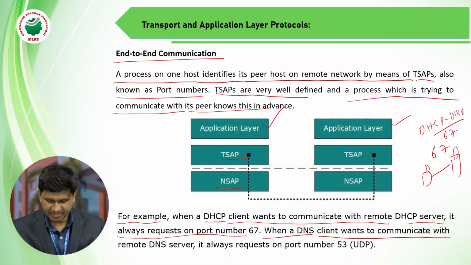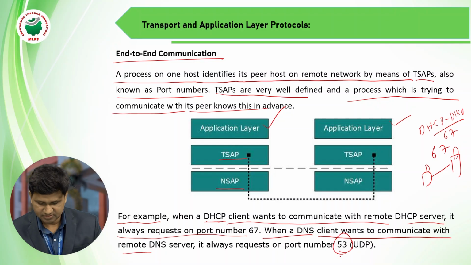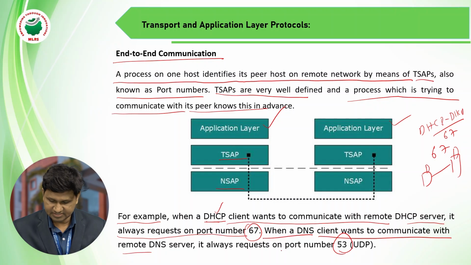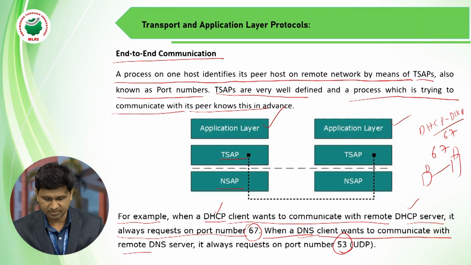When a DNS client wants to communicate with a remote DNS server, here we have 53 as the port number. These port numbers are important: 67 for DHCP and 53 for the DNS server.